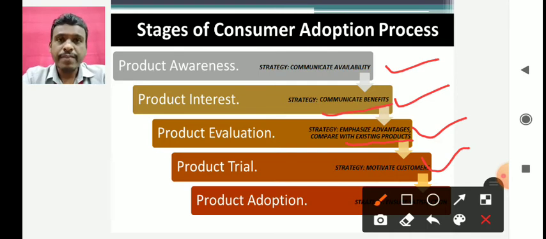Or sometimes if it is a big machinery or something like that, then they may rent it out initially, or maybe use the machinery at their friend's home. They may go and use it and check how it works. It may happen many times in mobile phones. Suppose you want to purchase a particular model of mobile phone, you want to try it.